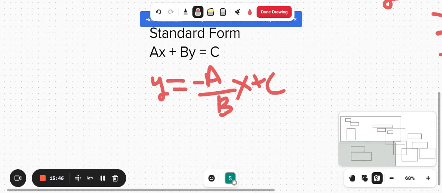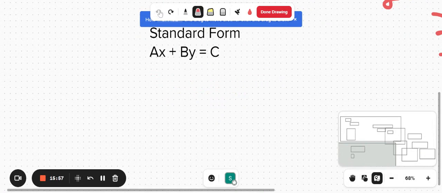Now, there's another shortcut, so that you don't have to sit and shift everything around to get it into this form, and that is you can find everything you need with the standard form. That's what I like about the standard form, is that you can find it with very simple formulas. To find the slope, all you have to do is plug the values into the form negative a over b.